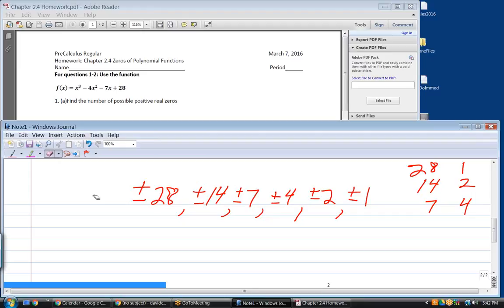It's the same thing, synthetic substitution or synthetic division. And I always start at the bottom. I try both of those. I would not get a zero remainder. I'm looking, after my synthetic division, to get a zero remainder. If I do get one, I'll know that is a zero.